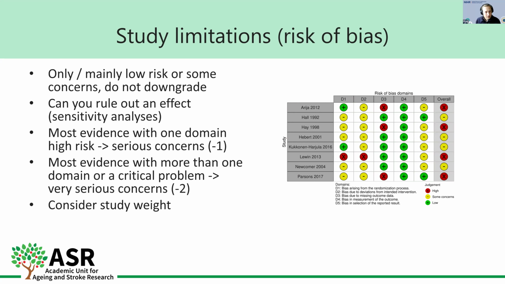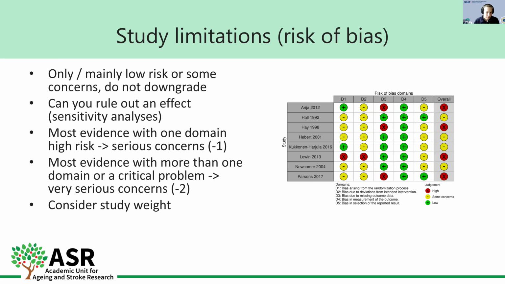If we only had evidence that was coming from results that were mainly low risk or some concerns, then we wouldn't downgrade. So if maybe just one of these studies was high risk, we wouldn't downgrade.